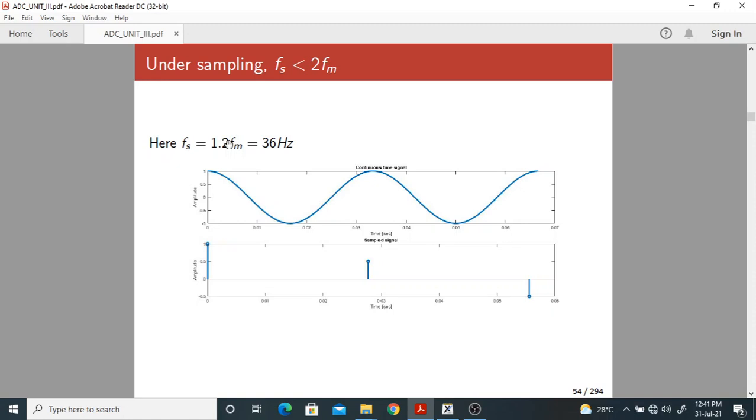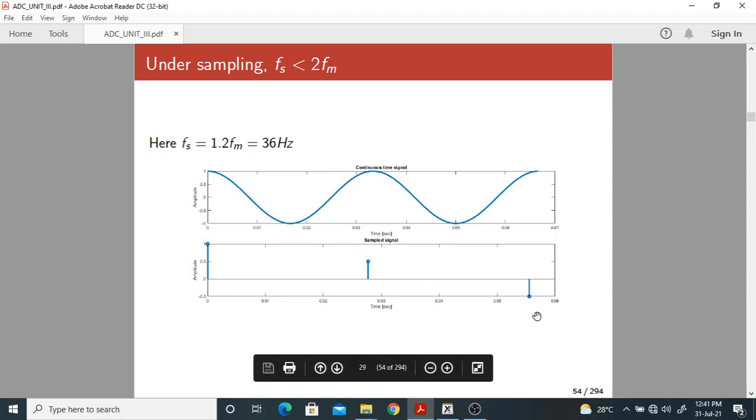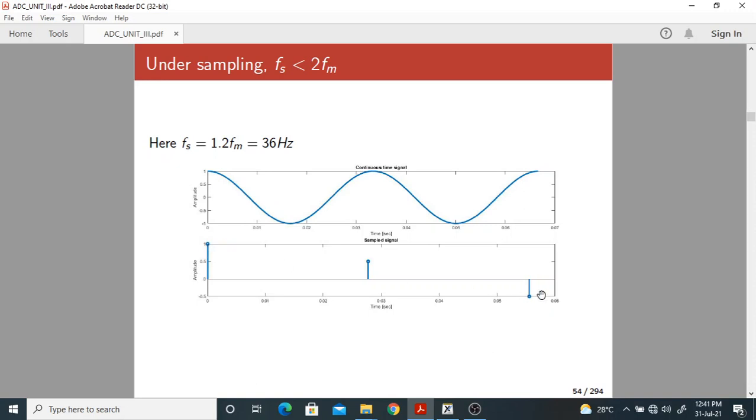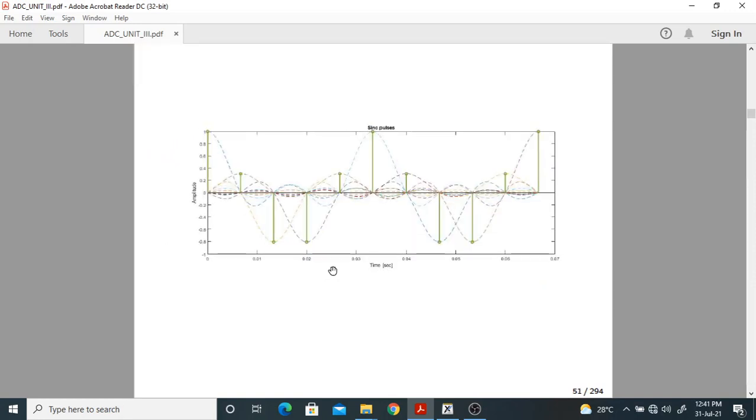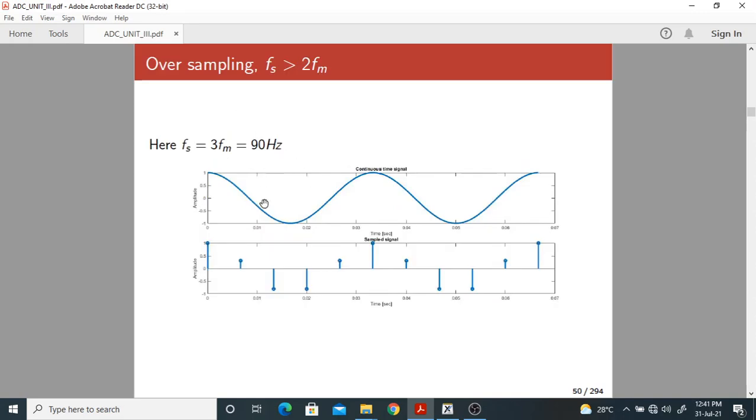So what is the basic idea of these things? Suppose in undersampling, you take a smaller number of samples, which means these 3 samples cannot represent this signal. Obviously, no. In oversampling, for the same signal, I have taken more samples. Obviously, since samples are more, they can represent the signal.